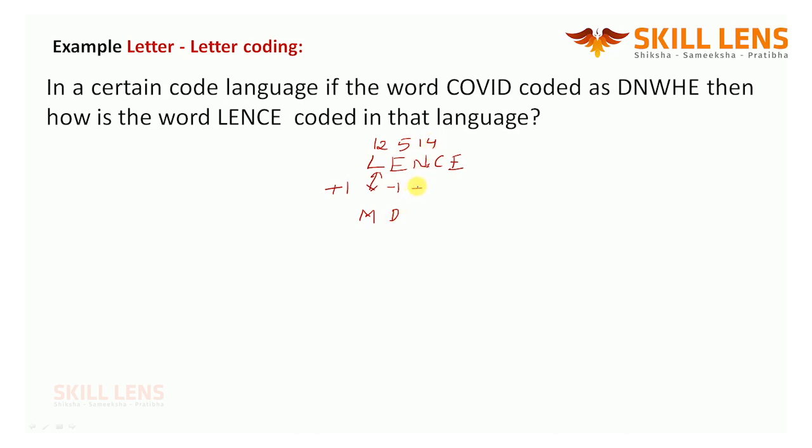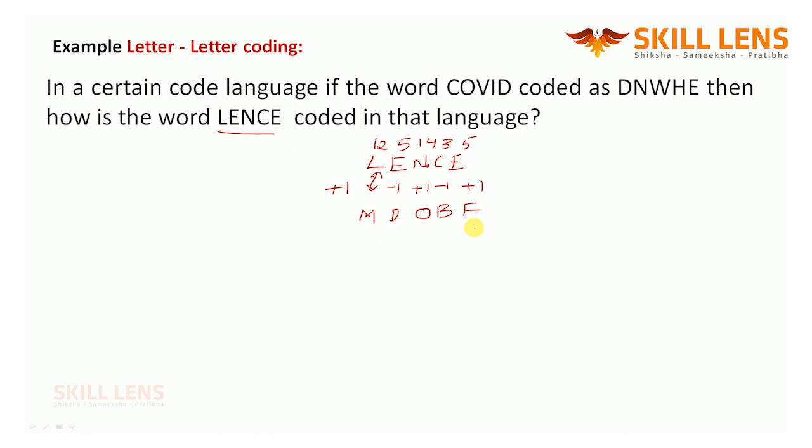Plus 1, so that means O. S, the third letter from last, I mean the 19th letter, minus 1, which is R. E is the fifth letter. So plus 1, the sixth letter. What is the sixth letter? F. So LENS is coded as MDORF. So this is how you need to answer your particular question.